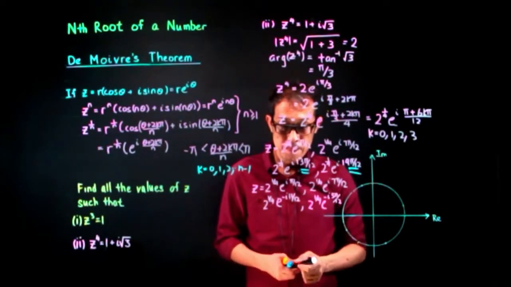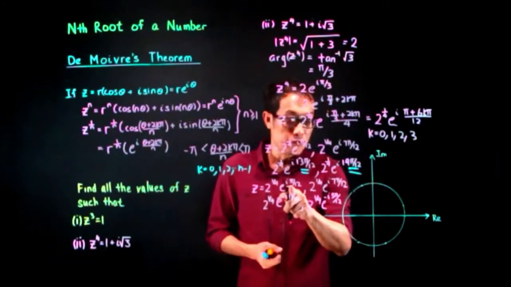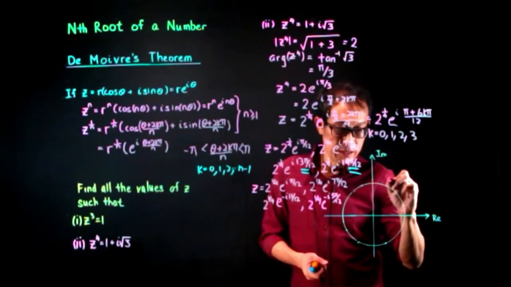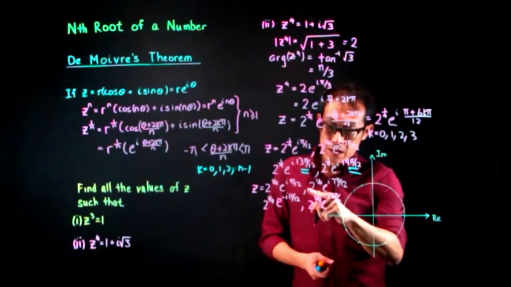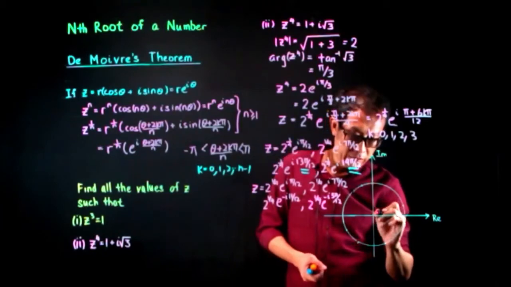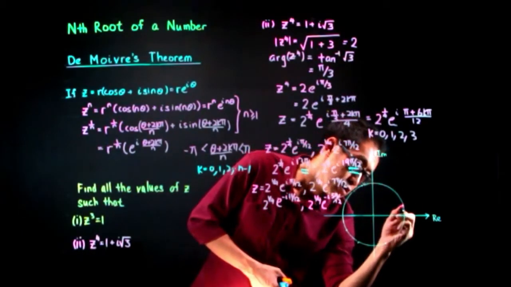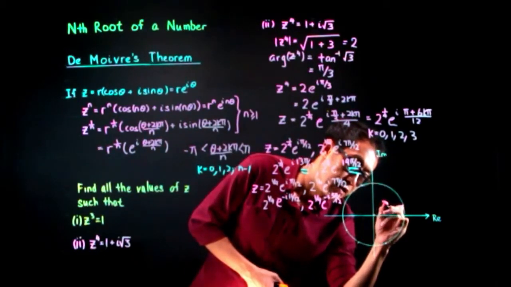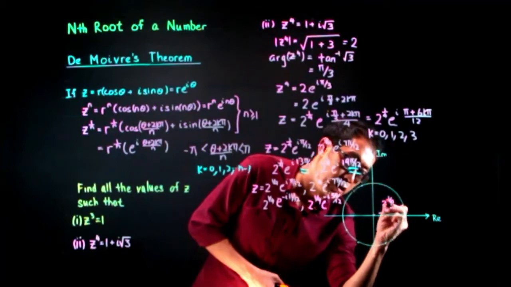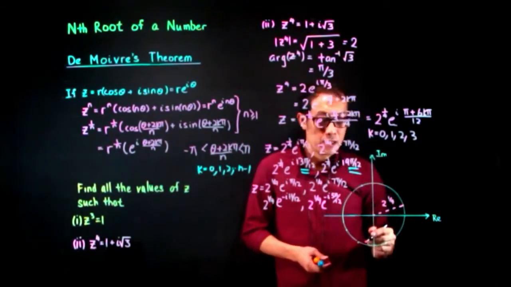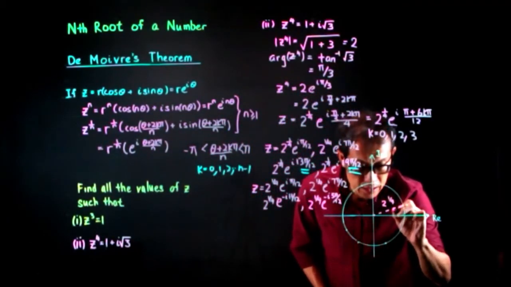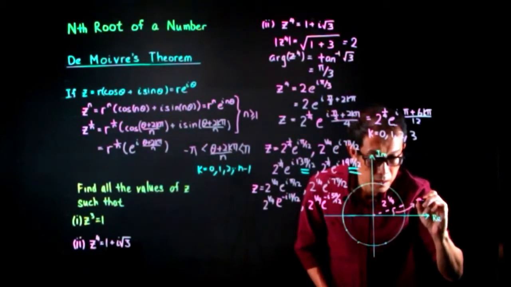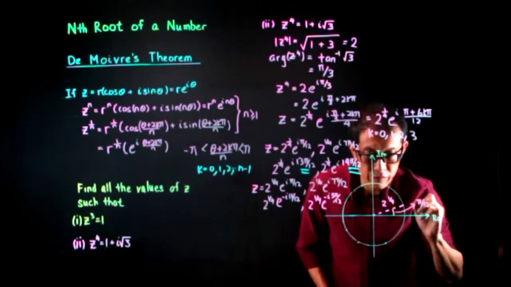Now, pi over 12 is 15 degrees. The radius of the circle is 2 to the power of a quarter, so this length here is 2 to the power of a quarter. Now, this angle here will be pi over 12.